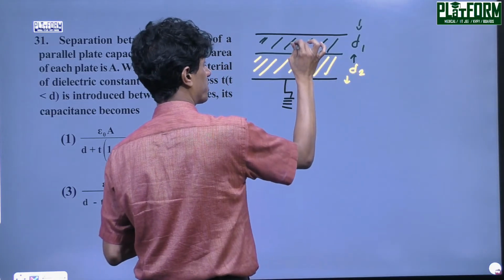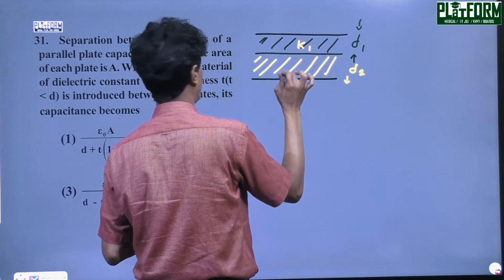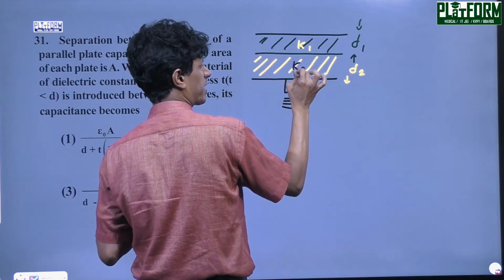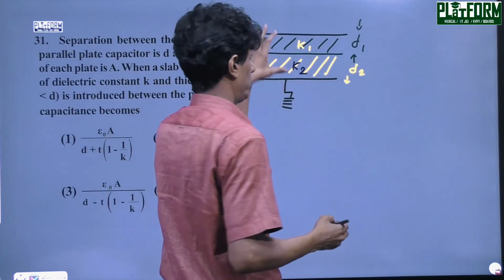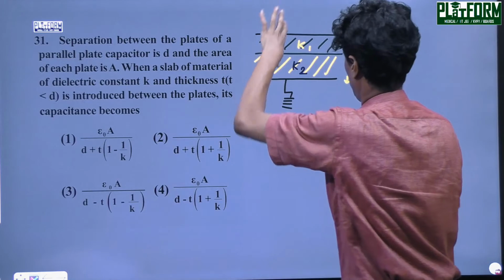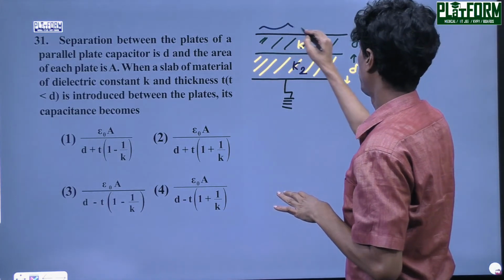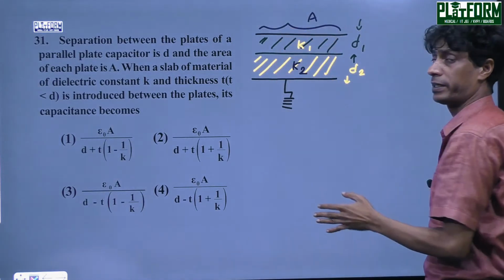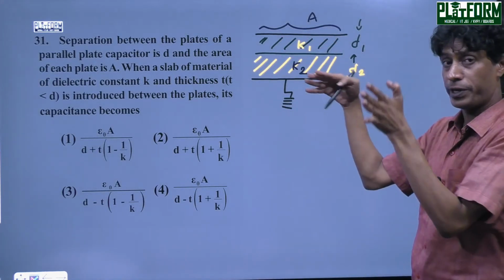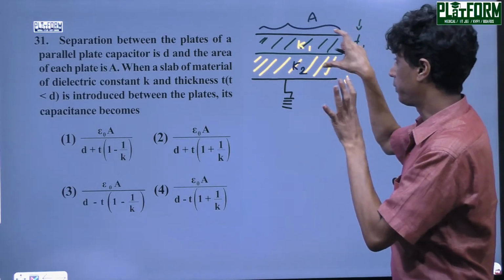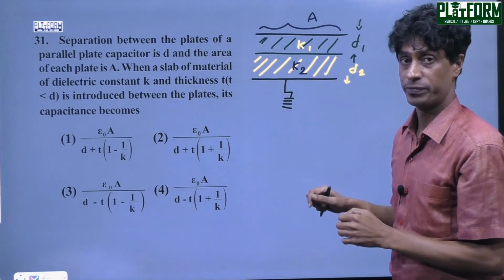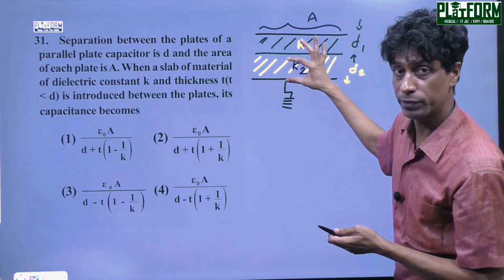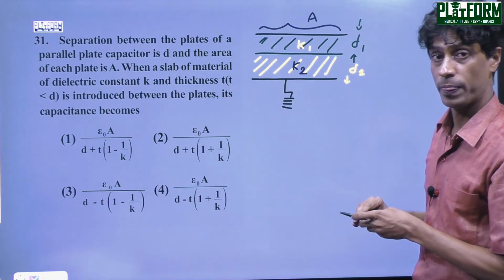The dielectric constant for this part is K1 and for this part is, let us say, K2, and the plate area is A. The plate area is common for both dielectrics, but their separation is different for different dielectric media. For dielectric medium K1 the separation is D1, and for dielectric medium K2 the separation is D2.